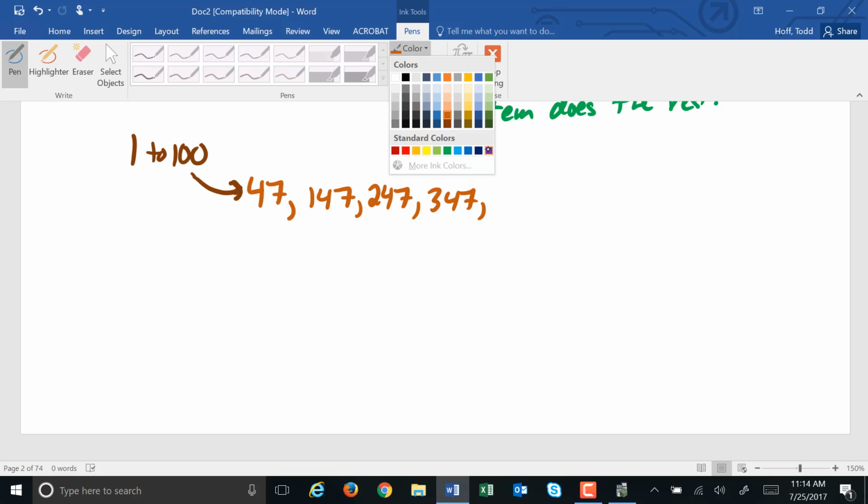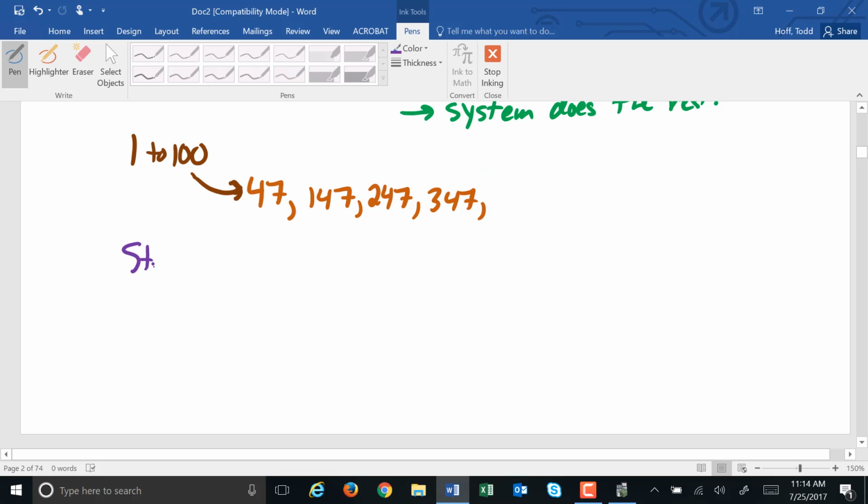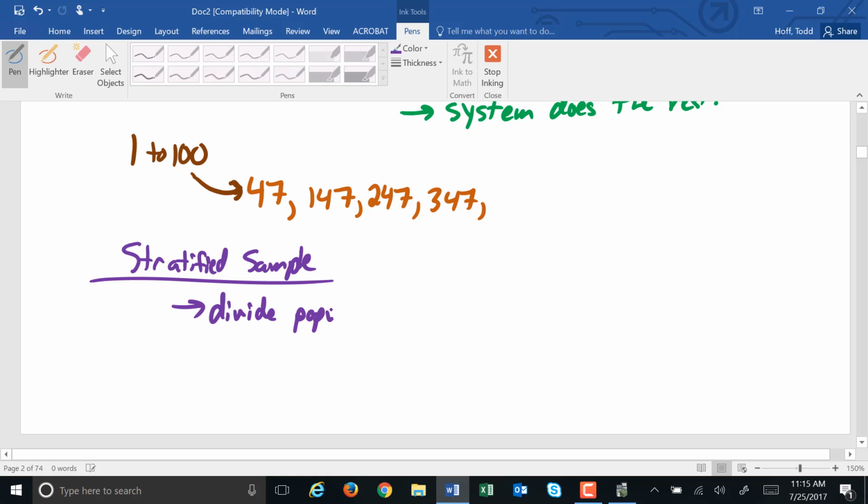There's also something called a stratified sample. What a stratified sample is, similar to a cluster sample, you divide the population into groups.